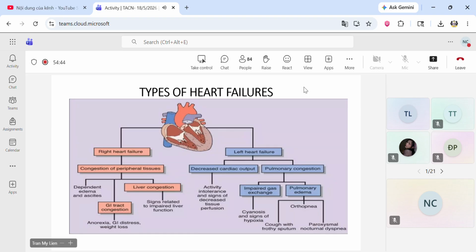In session 3, we discuss more about the types of heart failure, with right heart failure and left heart failure, accompanied by varieties of symptoms.